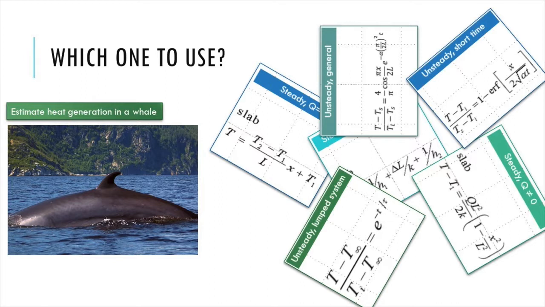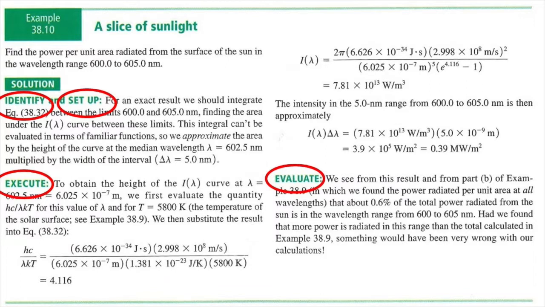This is not an easy topic as the student is learning problem solving. It is not obvious to the student at all. Existing guidelines are of course there for problem solving, like this one here from a physics book. Here we have these steps: identify, set up, execute, evaluate.